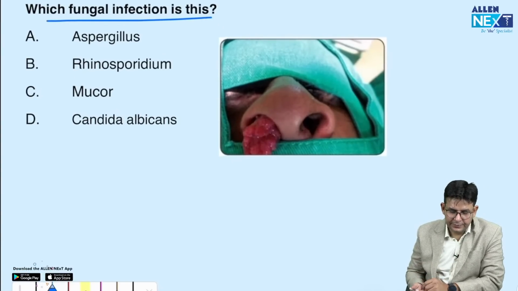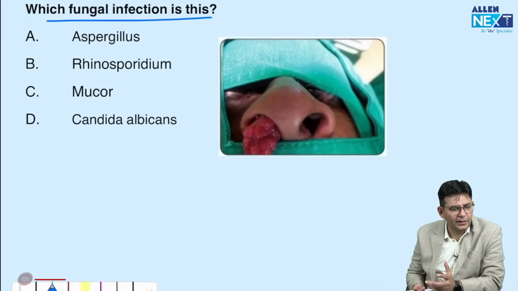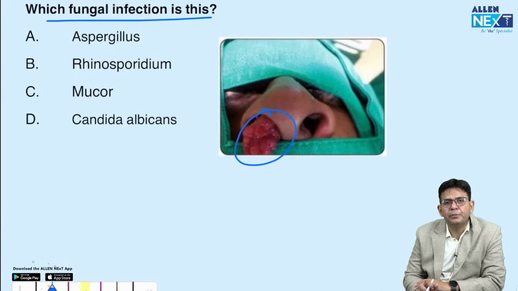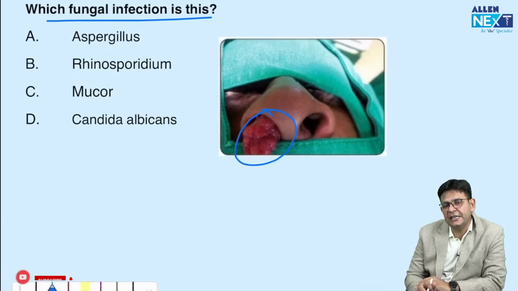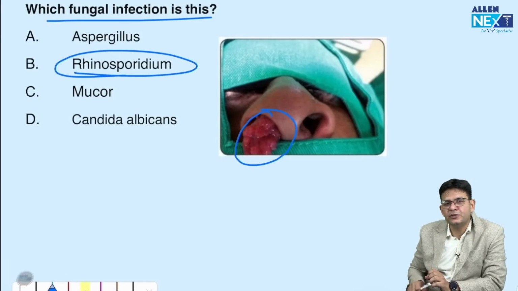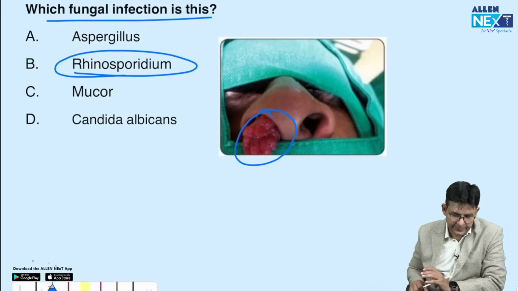This is strawberry-like. Cortex sclerotic body is a favorite question of the examiner. What is it? These are polyps. Strawberry polyps, nasal polyps, unilateral, bilateral, both. And it is rhinosporidiosis, caused by Rhinosporidium seeberi.